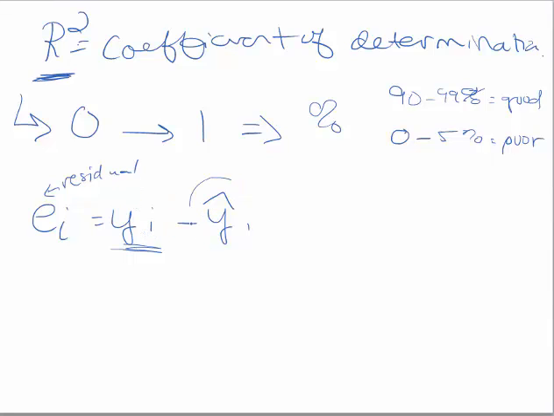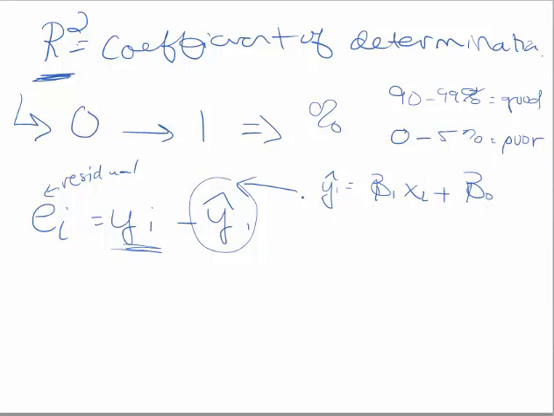And this y hat, remember, is our predicted y value, based off of our model. We get this value by using our equation, which states that y hat is equal to beta 1 x_i plus beta naught.